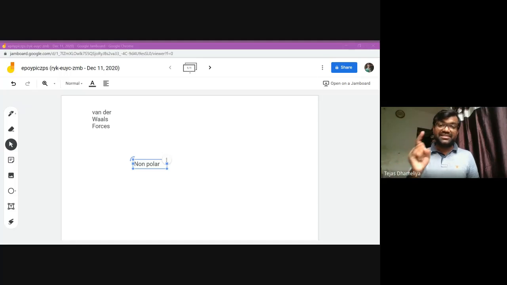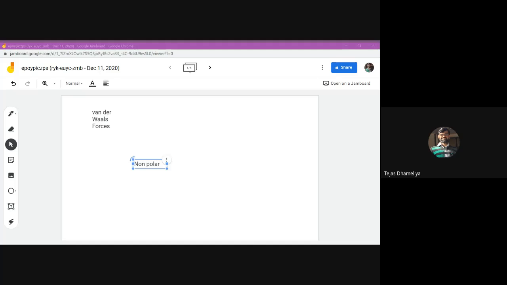It was devised by a German scientist, van der Waals, and from his name, these forces are termed van der Waals forces, which exist between, I mean to say, non-polar molecules. The sugar molecules sometimes have these interactions.